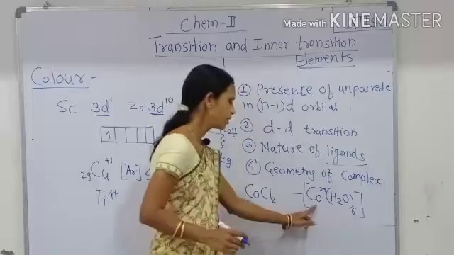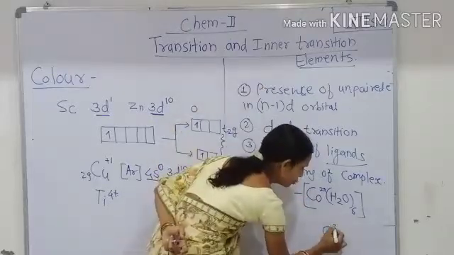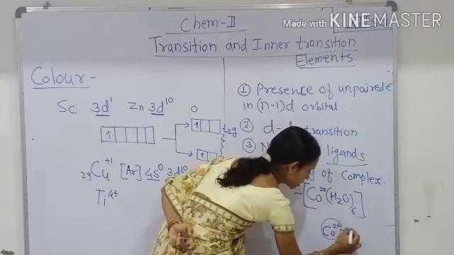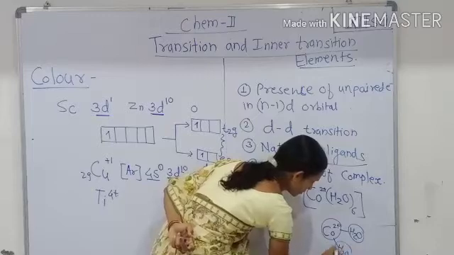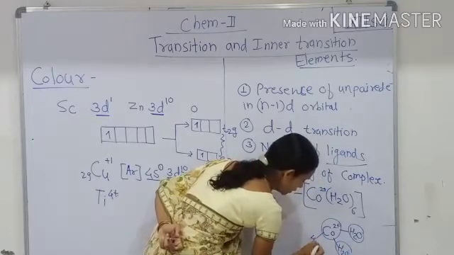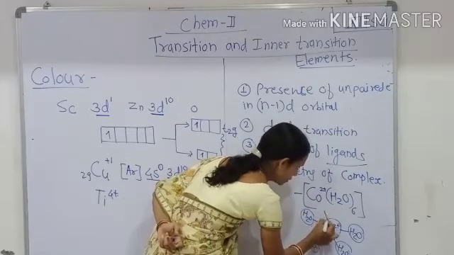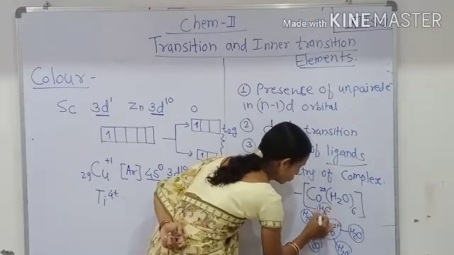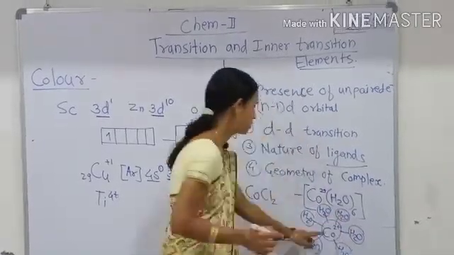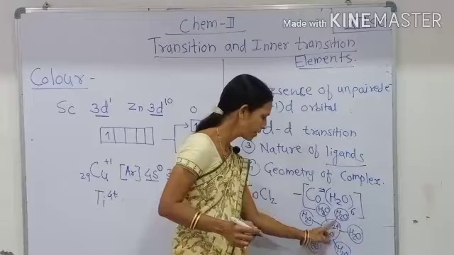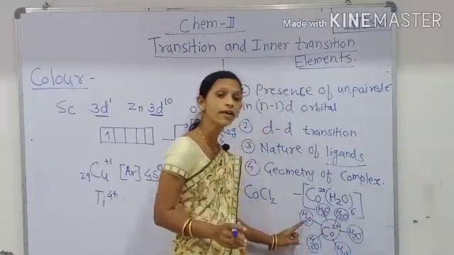That means Co2+ ions in aqueous medium are surrounded by H2O, 6 water molecules. Here H2O is the ligand. There are 6 water molecules surrounding the Co2+ ion, and it is octahedral in form.